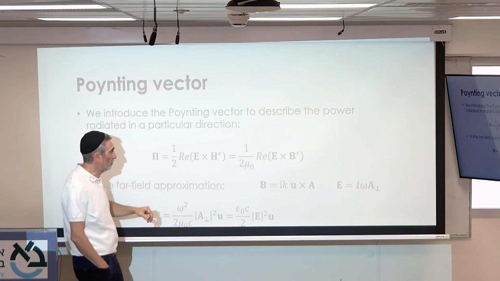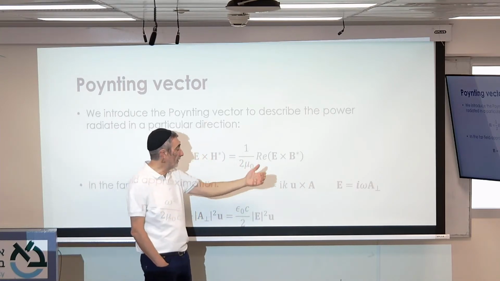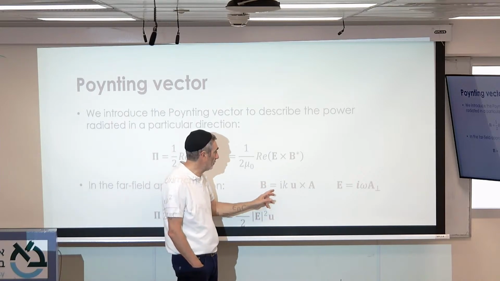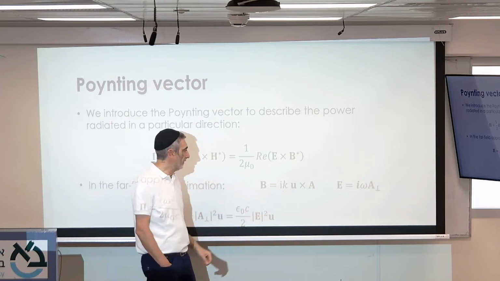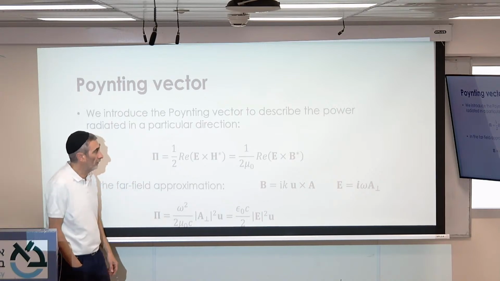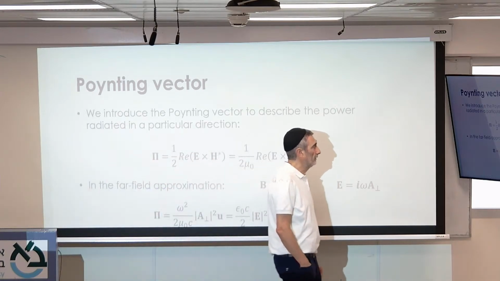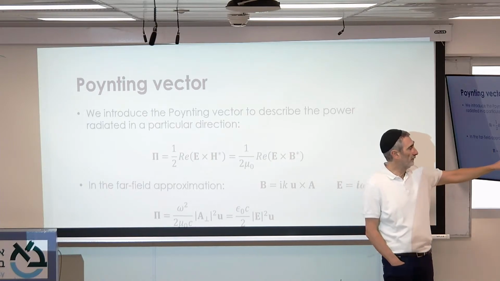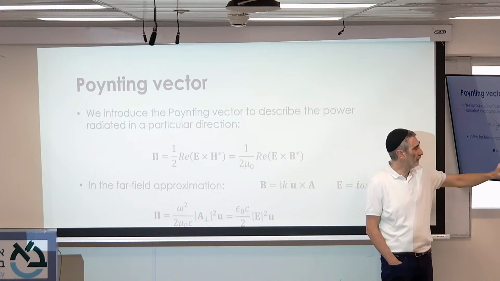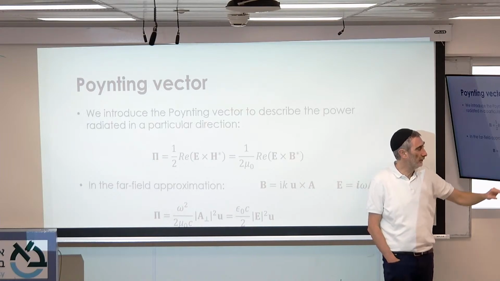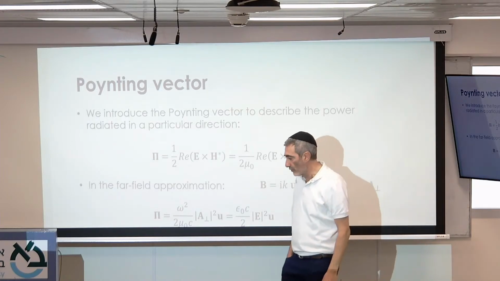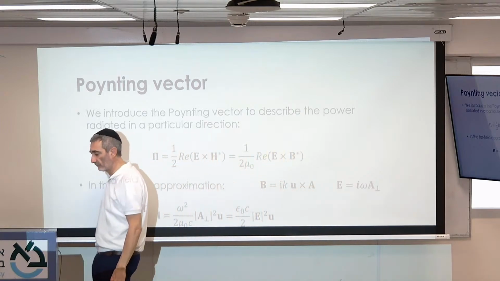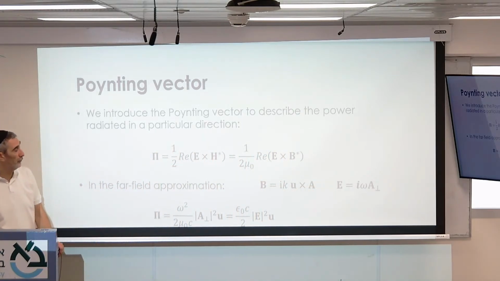In the far field approximation, you can replace B and E by the expressions that we found, and you get a Poynting vector given by epsilon 0 c over 2 times the modulus of E squared. That's a very simple expression that gives you the Poynting vector in terms of the E field.